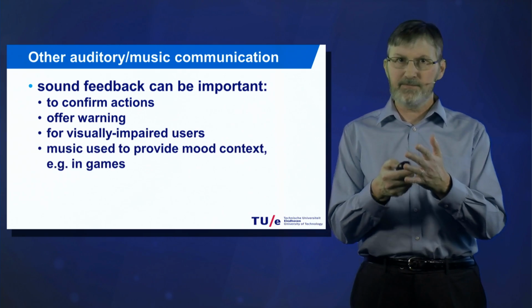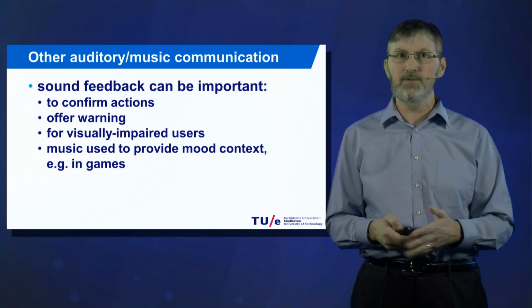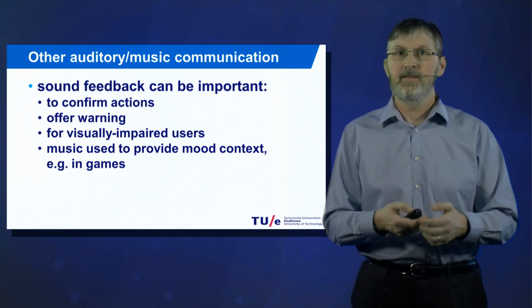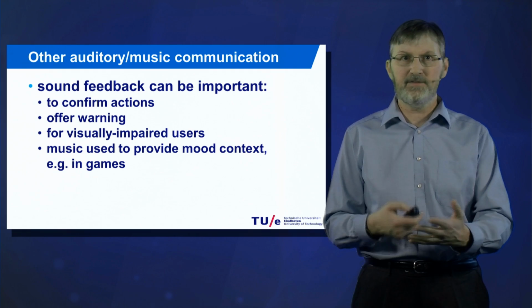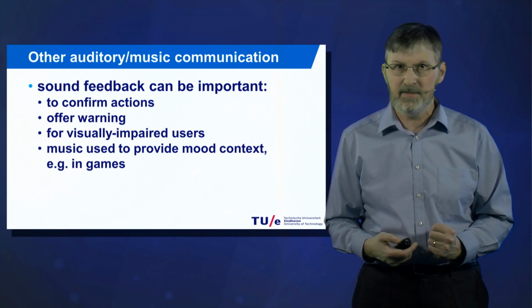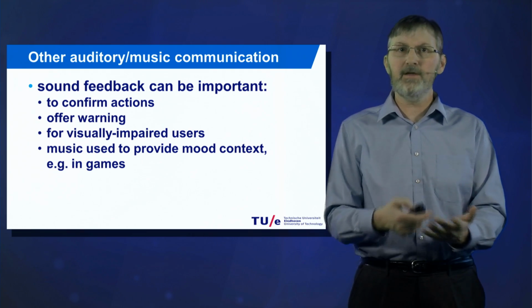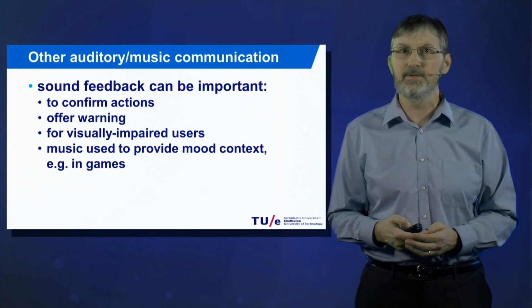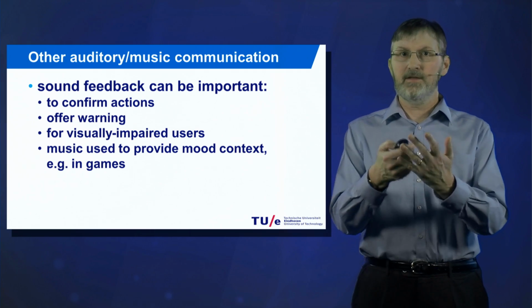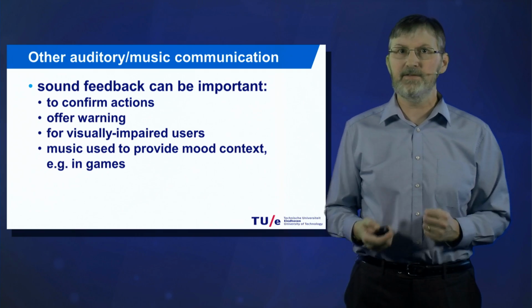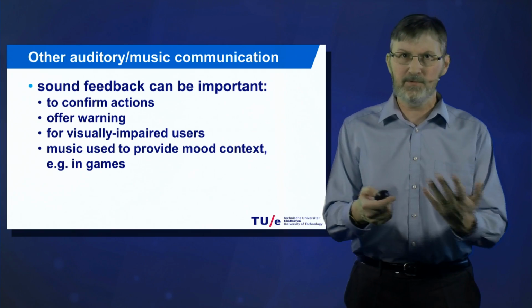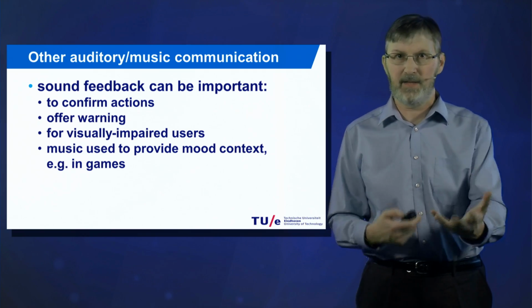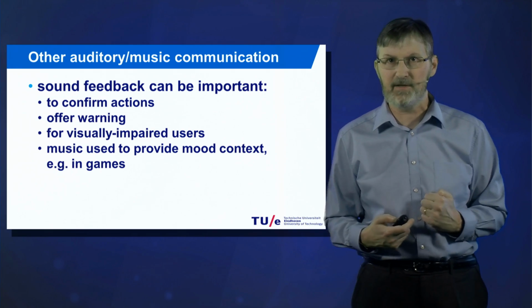And apart from just sounds, we can also use music. Music, in addition to other interaction, to bring us into a certain mood. In games and in movies, there is always some use of background music. Sometimes it becomes even foreground music.